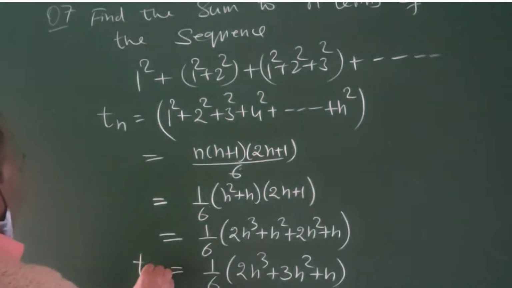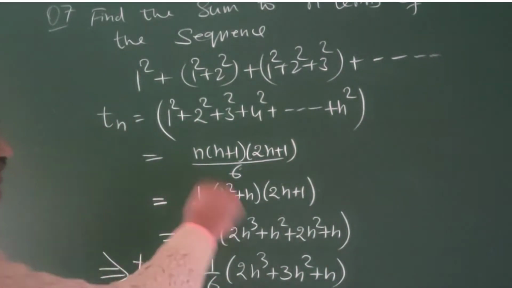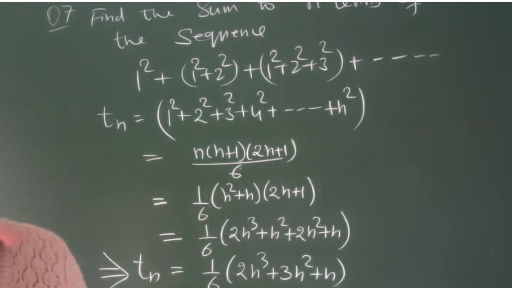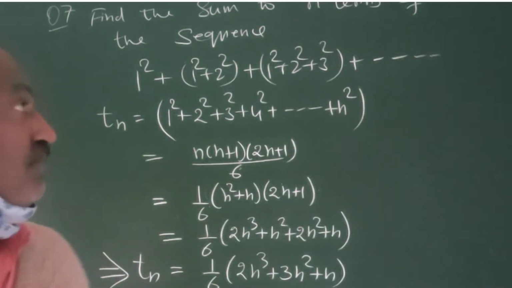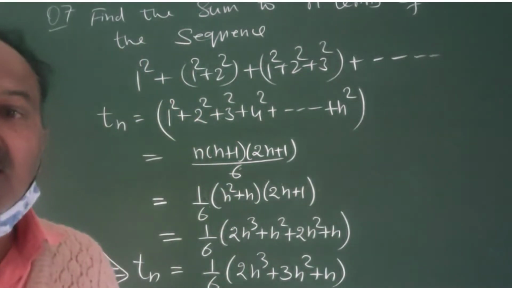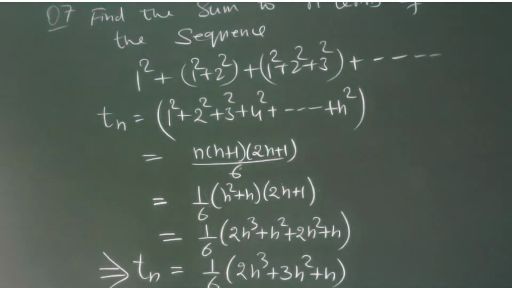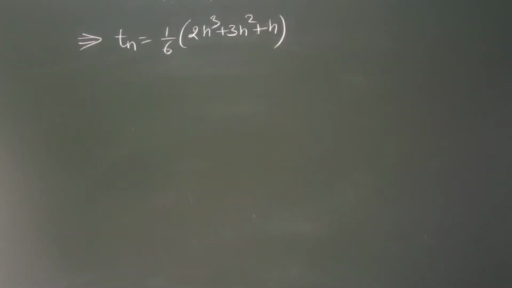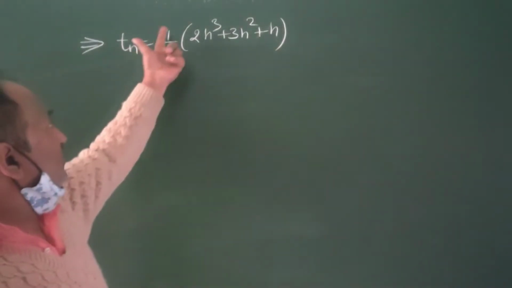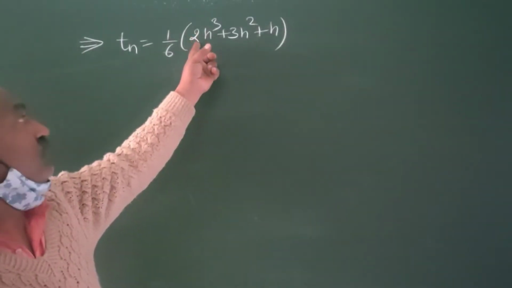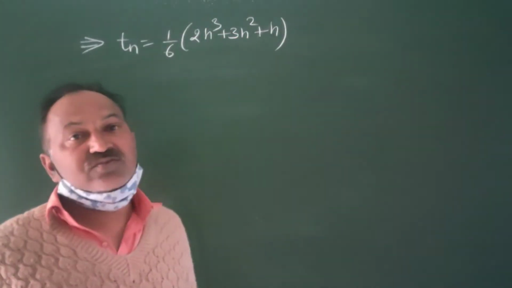This is the nth term of this sequence. Now after taking the sigma of this Tn, we will get the required answer of this question. Now Tn is equal to 1 by 6, 2 into n cube plus 3 into n square plus n.